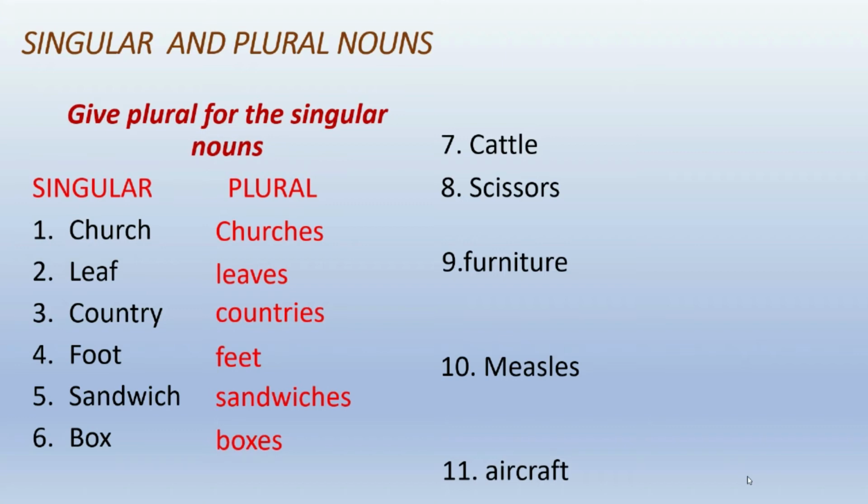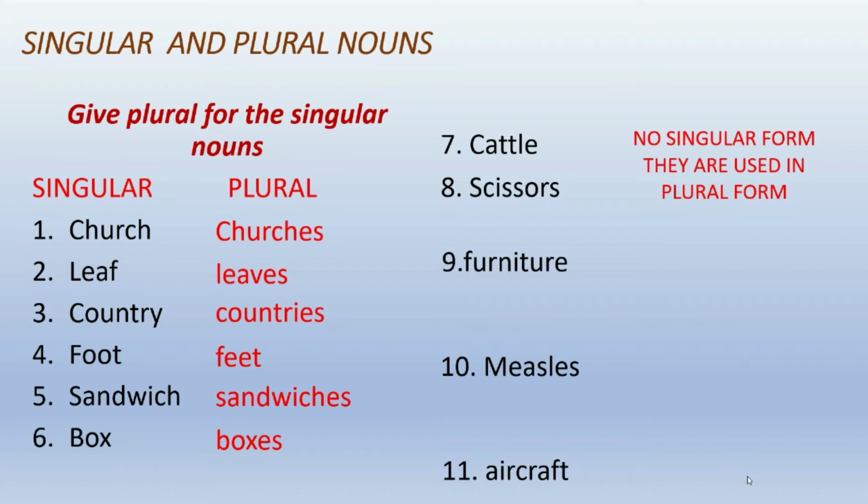So do they take cattles? And already scissors is s only, no? Why add another s? Yes, children, these both have no singular form. They are used in their plural only. So scissors is plural only. Whether it's singular or plural, you say cattle.